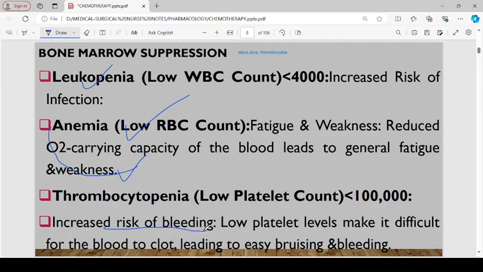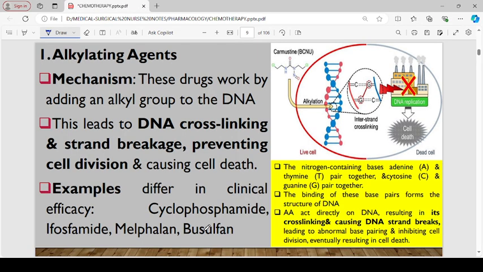This is because low platelet levels make it difficult for the blood to clot, and this leads to easy bruising and bleeding. So your patient is going to present with things like nose bleeding, what is epistaxis, and GI bleeding, because of this bone marrow suppression, thrombocytopenia to be precise, all right?